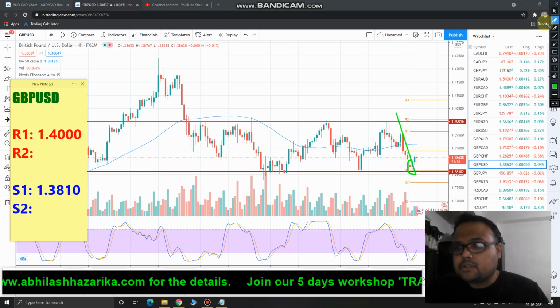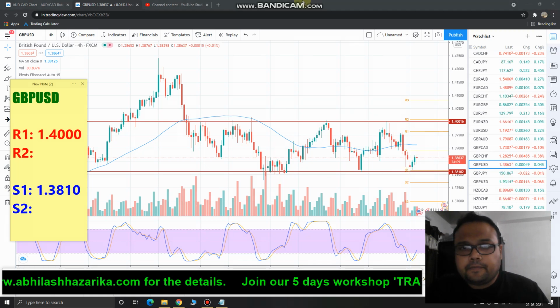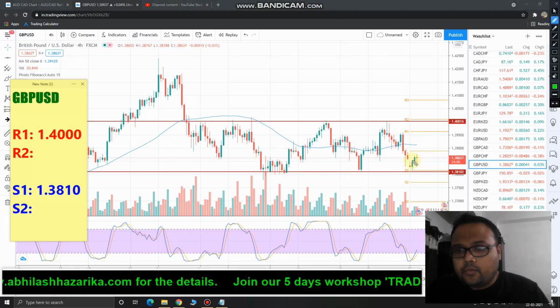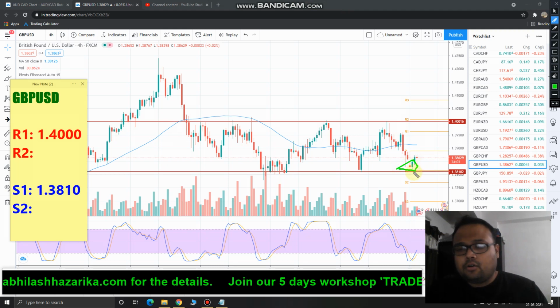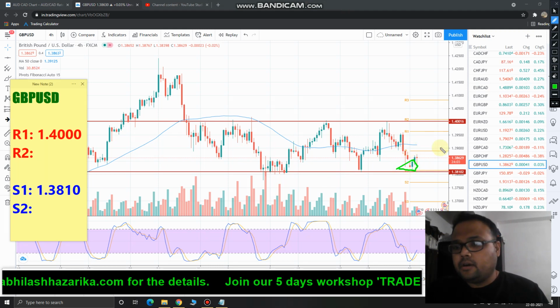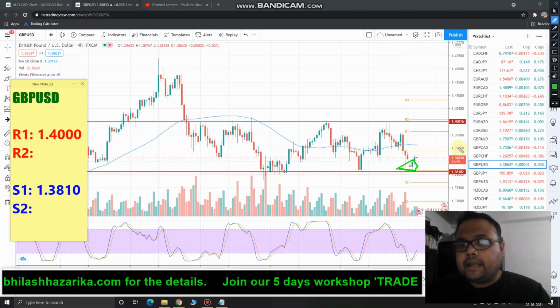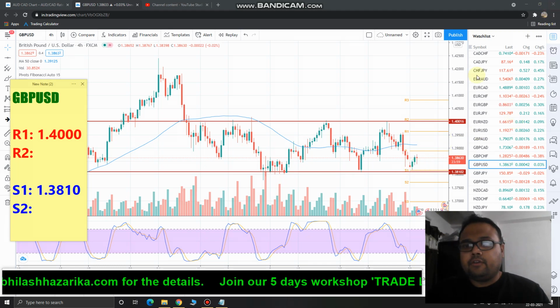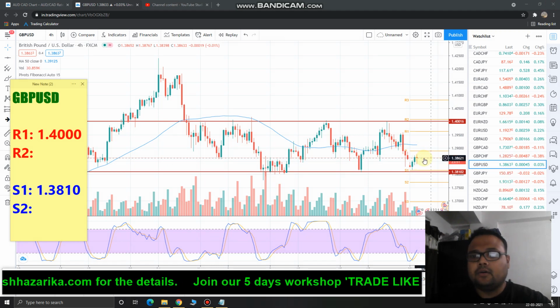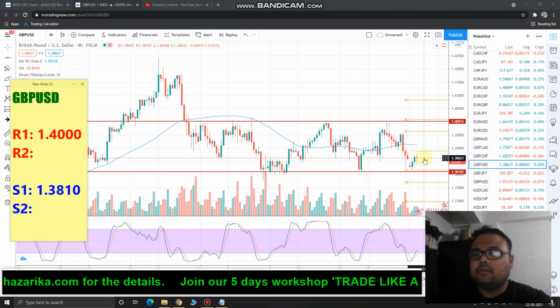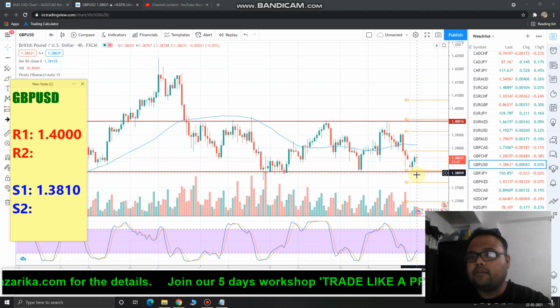And see what we got here. We got price rejection from below, and hopefully, if you have already bought it and you're in a profit right now, and if you have not, then you can also purchase here right now, but see, your stop loss will be somewhere around here below this line.